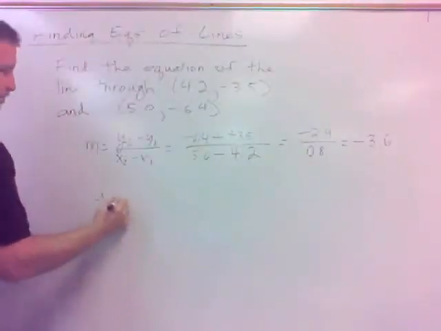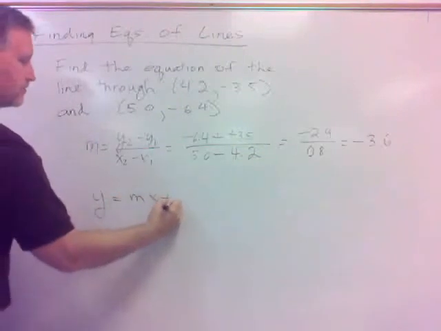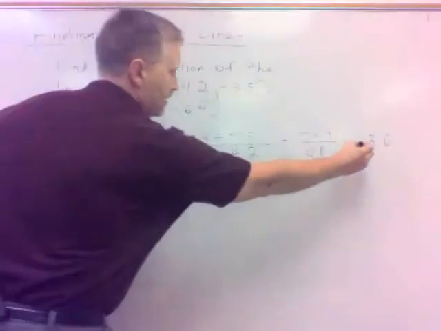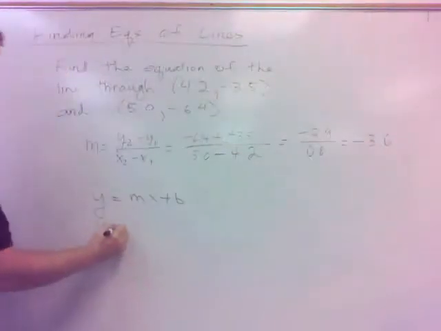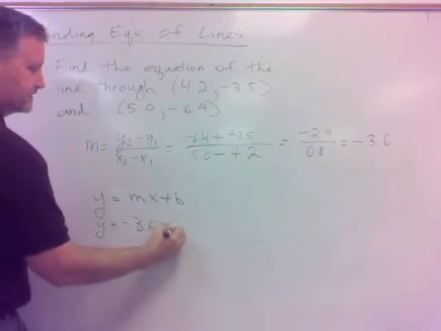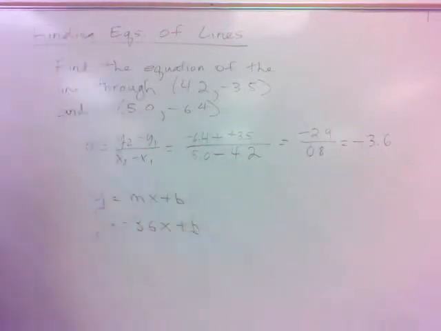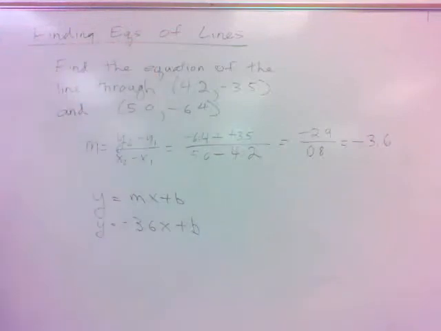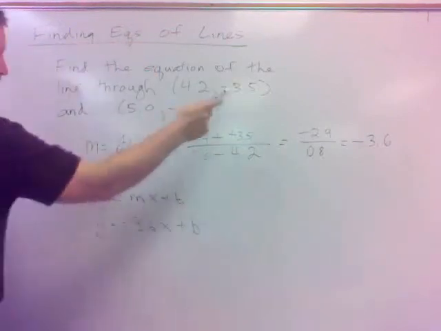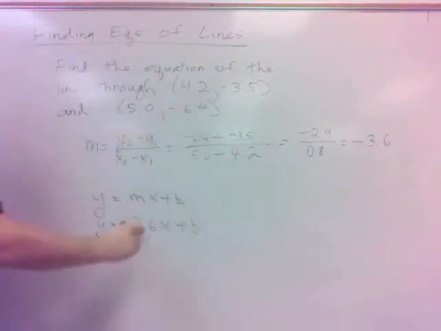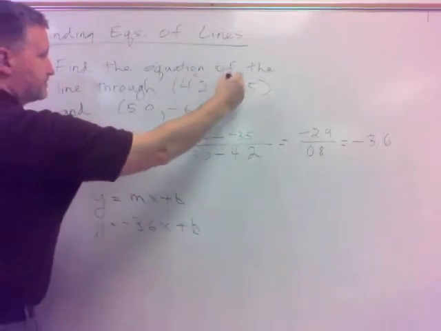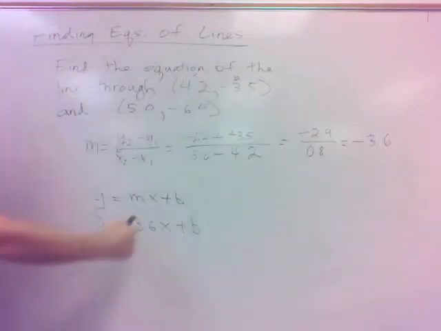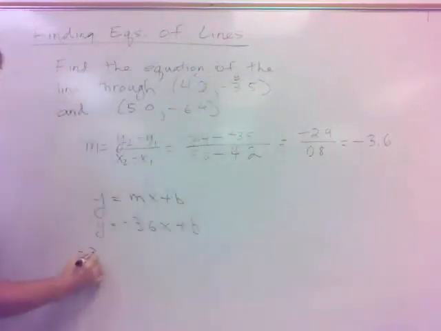All right, so now we know y equals mx plus b. This is where we want to go. We've got the m is negative 3.6, so it's negative 3.6x plus b. Now all I have to do is plug in an x and a y, and find the b. It's my choice. It doesn't matter, either one's going to give you the same one. Let's make the x 4.2 and the y negative 3.5.